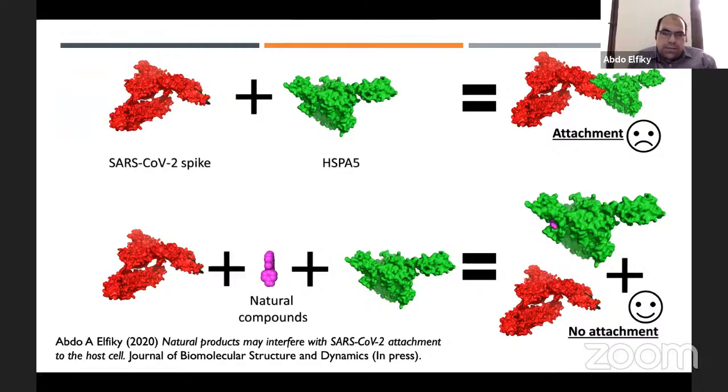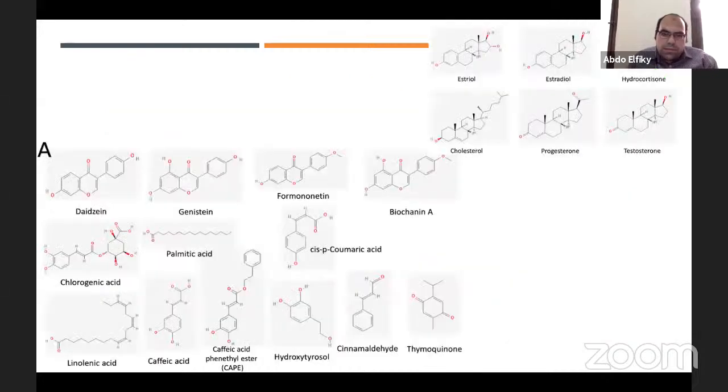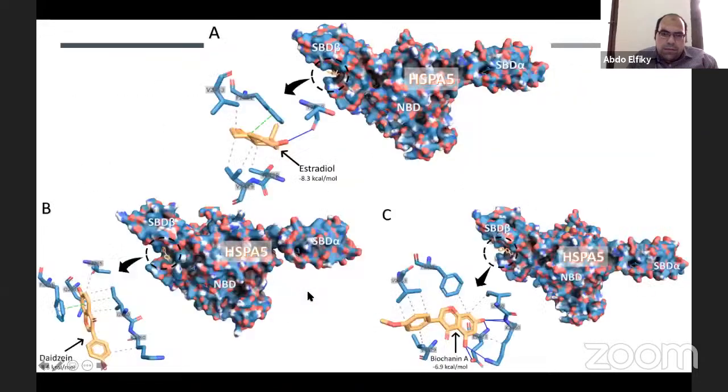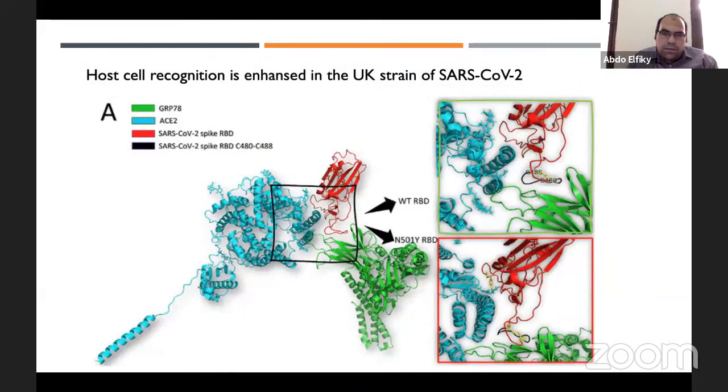So we have some natural compounds. We try to use them as binding agents to this GRB78 to inhibit it. And finally, we have some work on the new strains of human coronaviruses. We found that the host recognition is enhanced in the UK strain; this is the wild type, and this is the UK strain of the receptor binding domain.